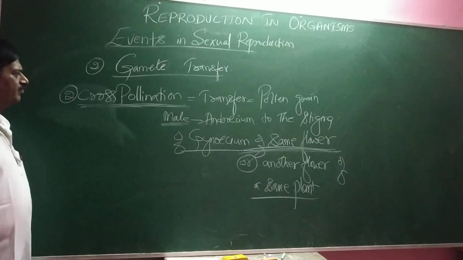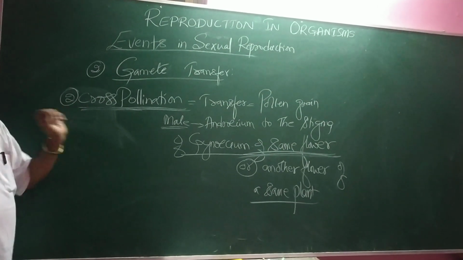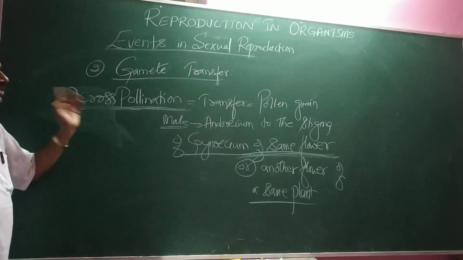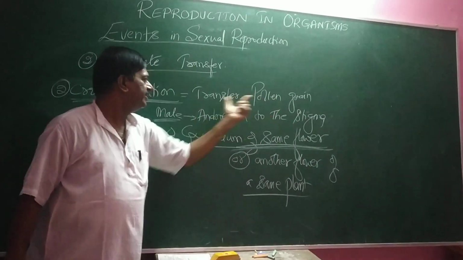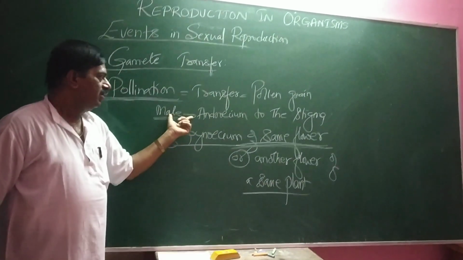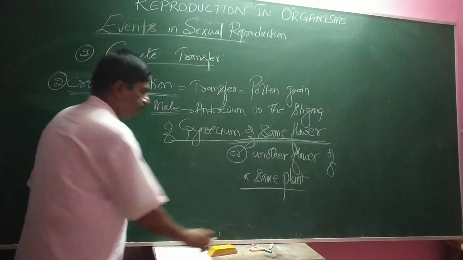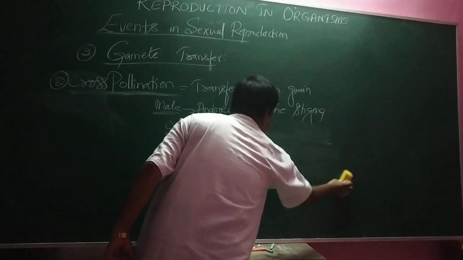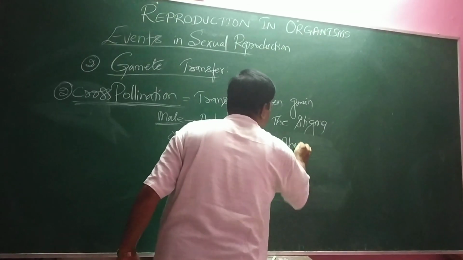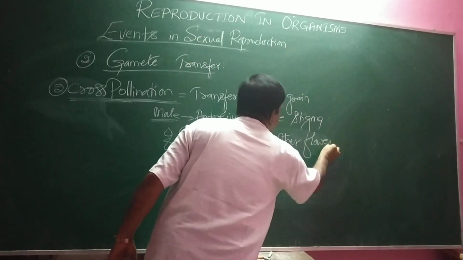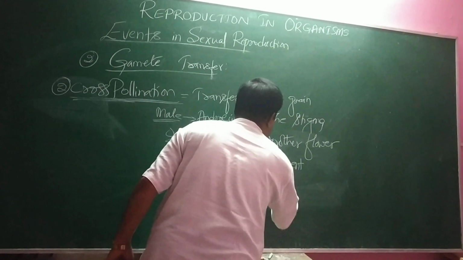We go for one more type called cross-pollination. In cross-pollination, the majority of the flowers are unisexual. So it is the transfer of pollen grain of an androecium to the stigma of a gynoecium of another flower of a different plant.